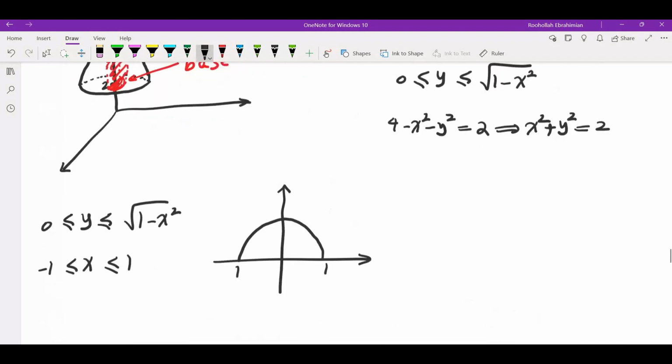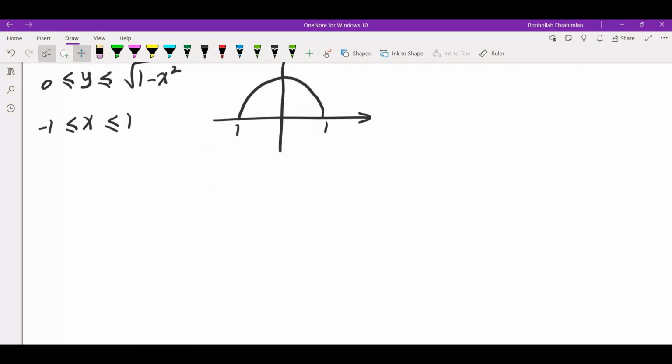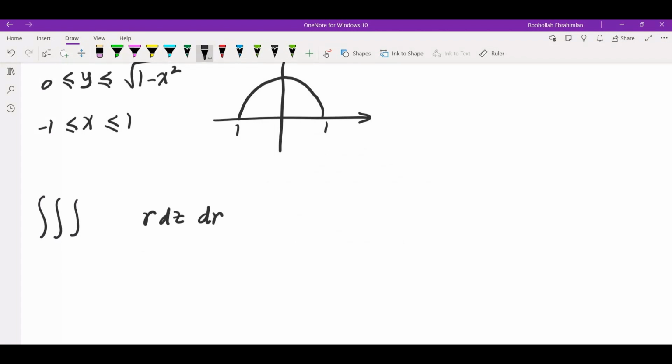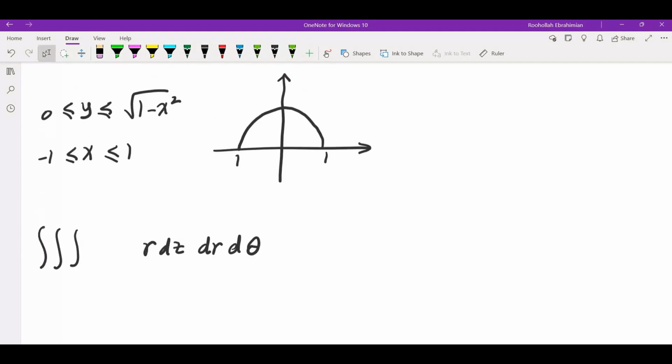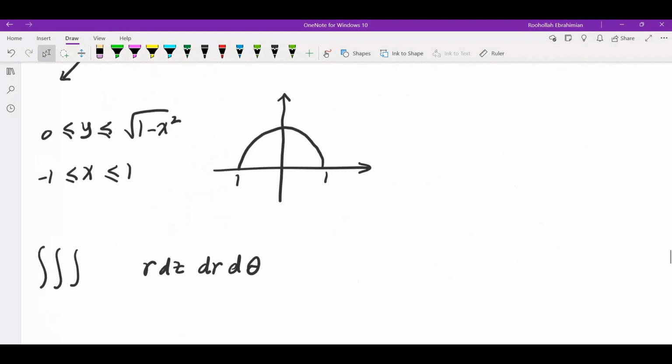Okay, so we can turn that into cylindrical coordinates by writing it down as r dz dr d theta. The integrand is y, so I can write it down as r sine of theta.